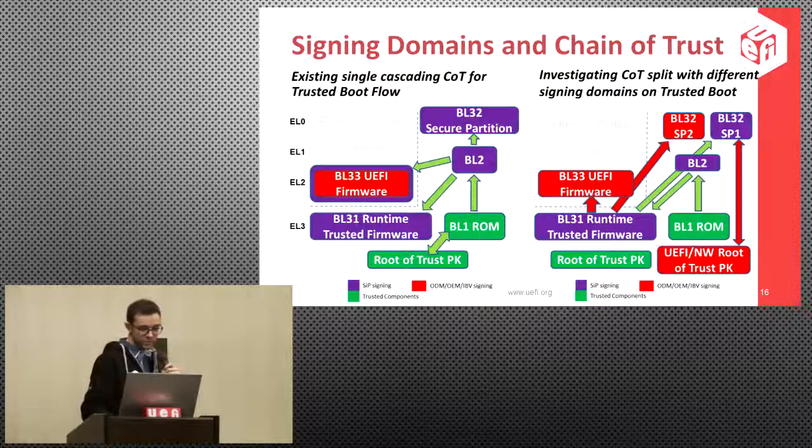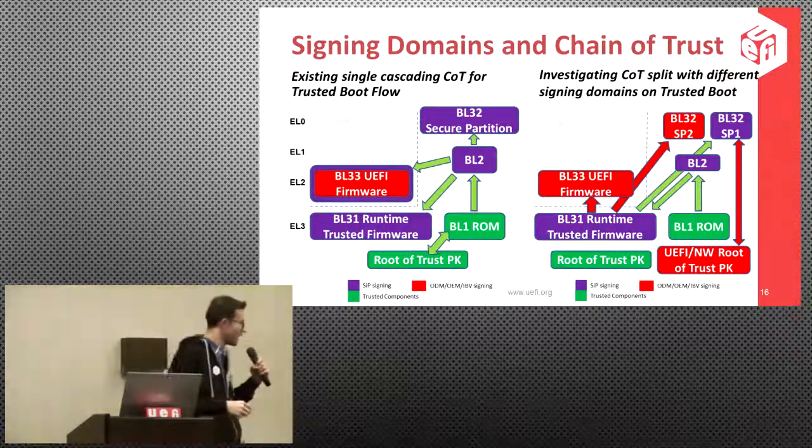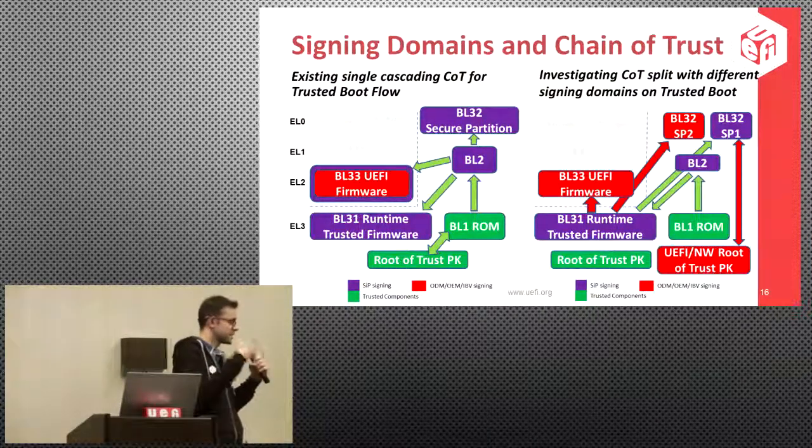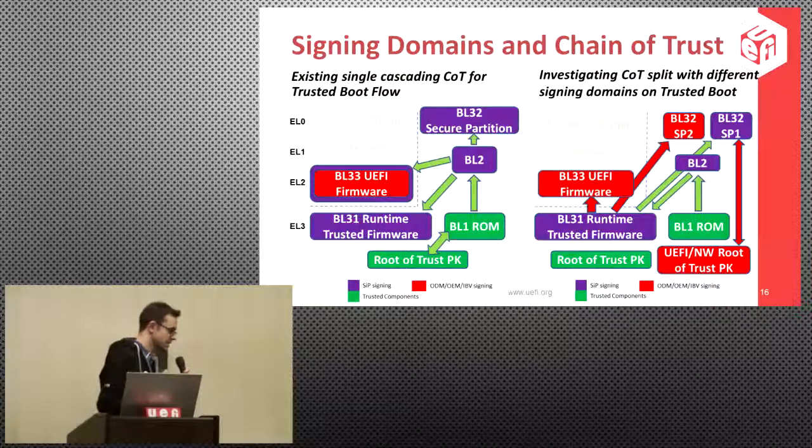It all originates from the root of trust public key, so the green box at the bottom, and there is no way of extending this mechanism at the moment in an easy fashion to take care of multiple sign-in domains. So we are still investigating which is the best way to do that, which is the best way to allow different owners to authenticate their pieces of software independently.